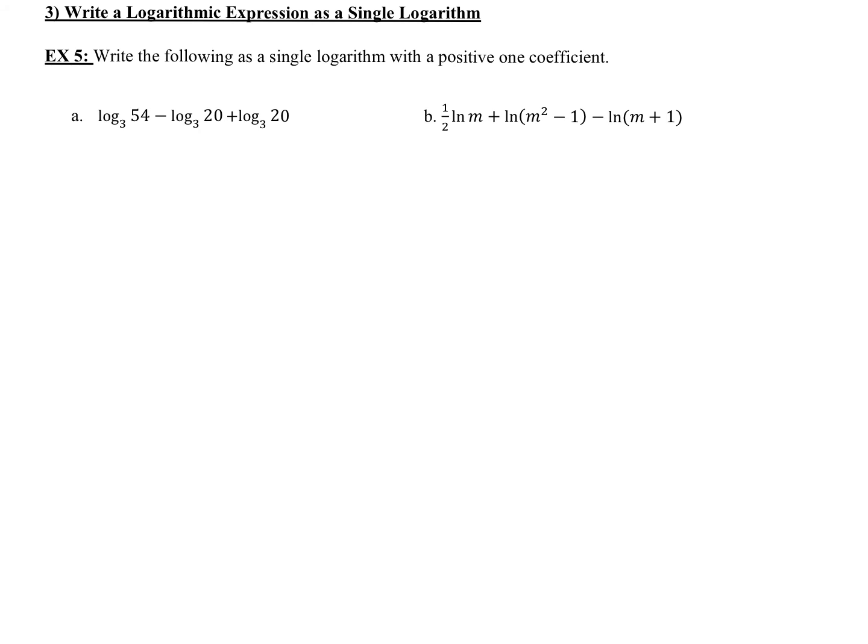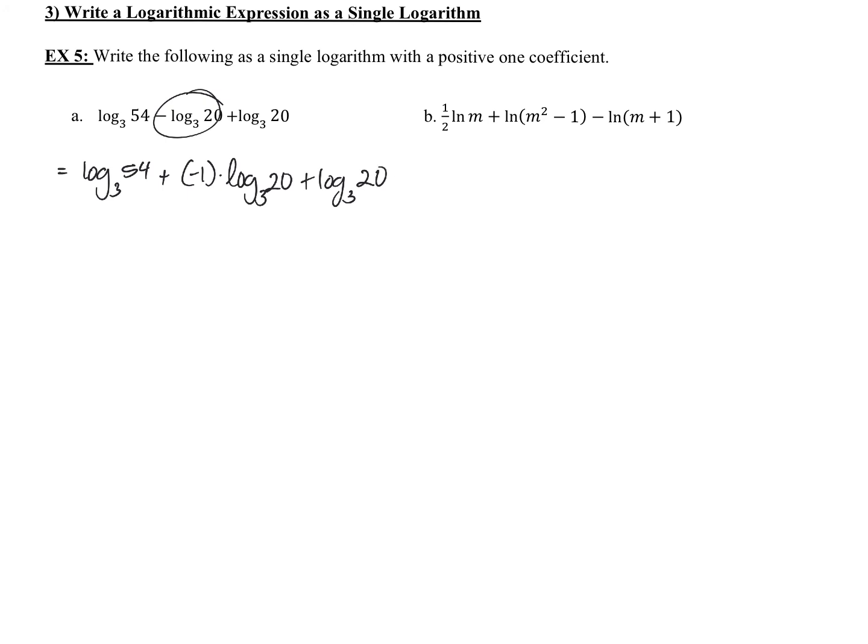So for the first one, now this differs. Some people like to work with the negatives, but I like to turn the negatives into a -1 exponent. So bear with me. See that minus log base 3 of 20? I'm going to turn that into plus -1 times log base 3 of 20 plus log base 3 of 20.